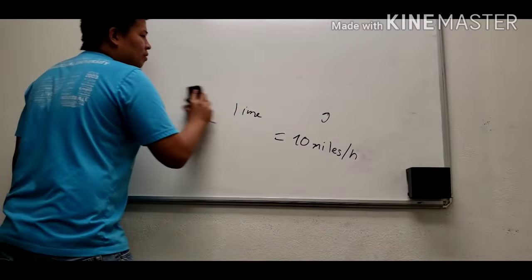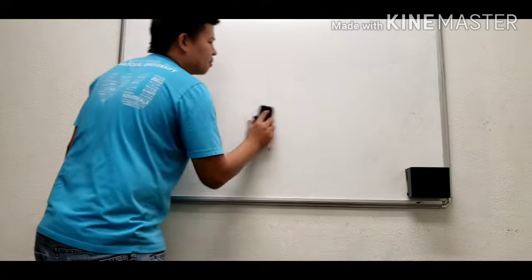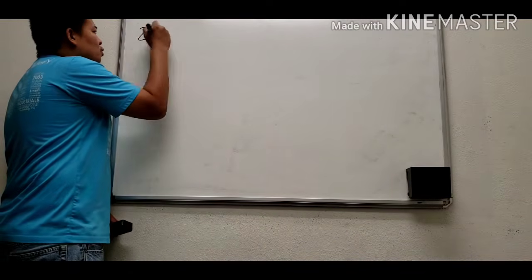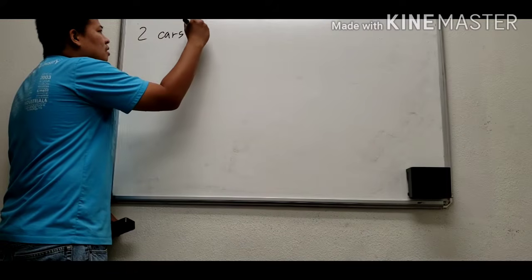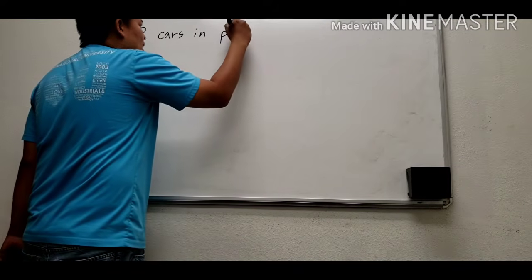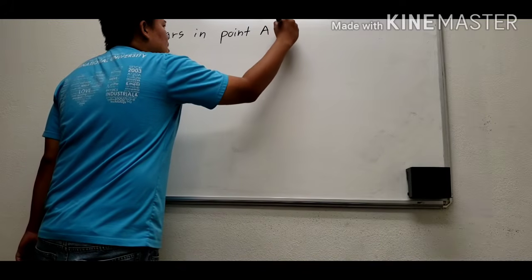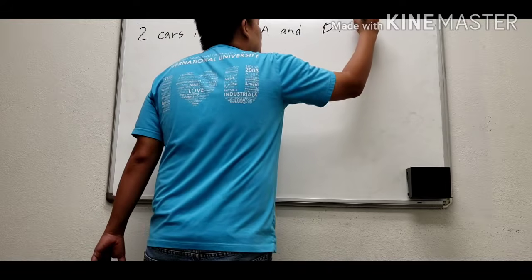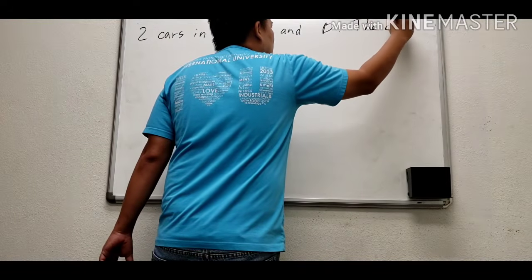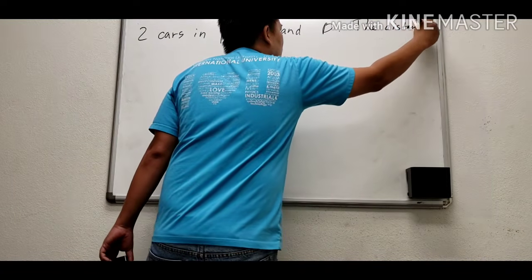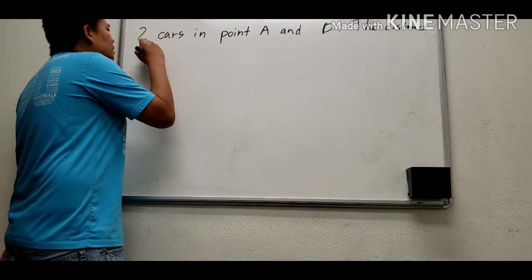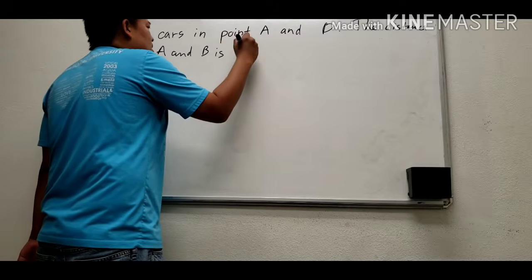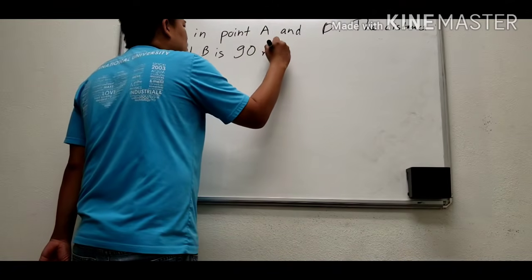The next question is about 2 cars at point A and point B. The distance between A and B is 90 miles.